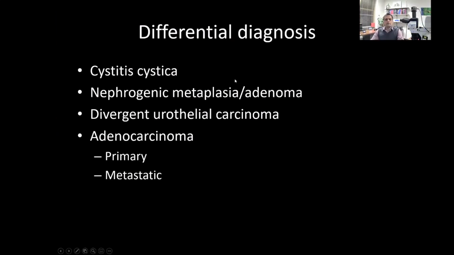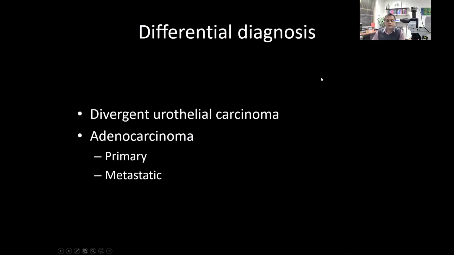So at this point, it's kind of silly to consider cystitis cystica in the differential, so we just take it out. And then we also know that this is not nephrogenic metaplasia because this is malignant. And then we are left with 2 diagnoses. So could this be some sort of a divergent urothelial carcinoma?